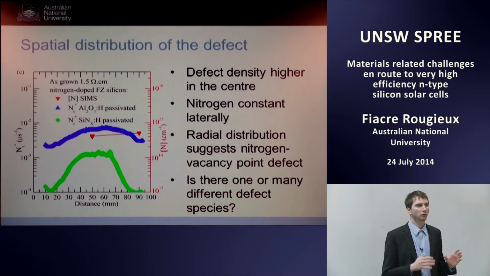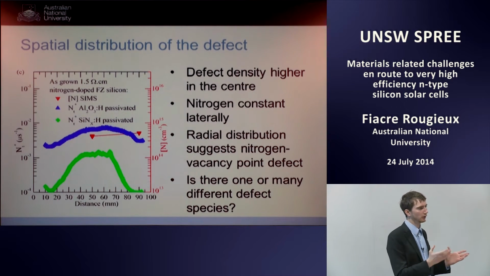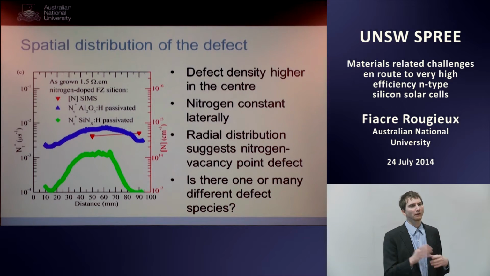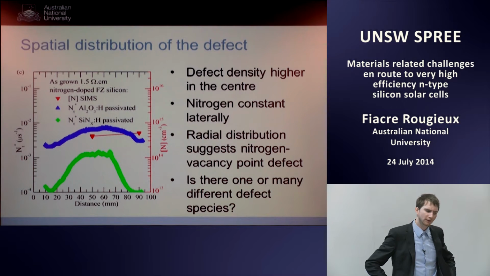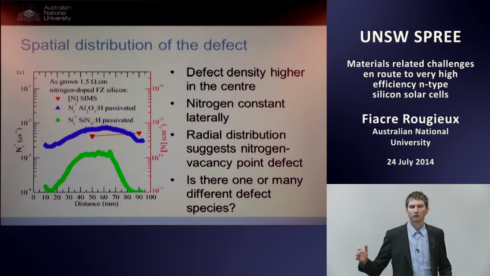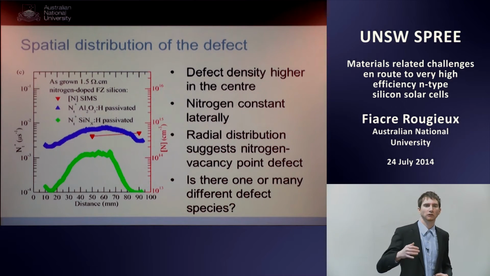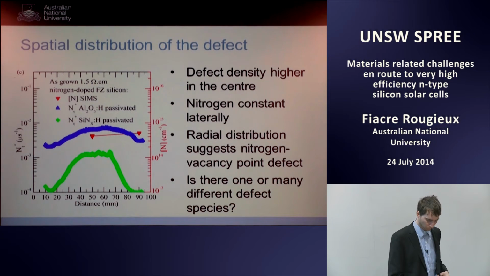So there's a lot of different complexes that are potentially here. Our next and last question here was, is there one or are there many different vacancy nitrogen complexes, assuming those are the complexes we're looking at, limiting the lifetime?